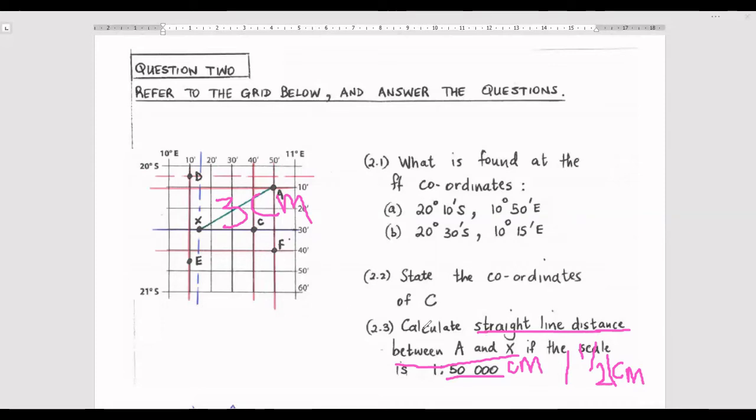So straight line distance equals the map distance times the scale of the map, which is 3 centimeters times 0.5, or half a kilometer. And what is half of 3 centimeters? It is 1,5 kilometers. That's how far these two places, A and X, would be in the real world.